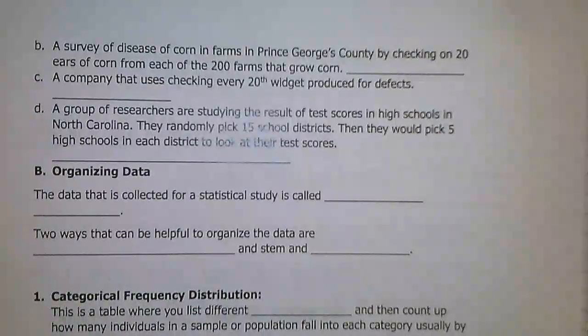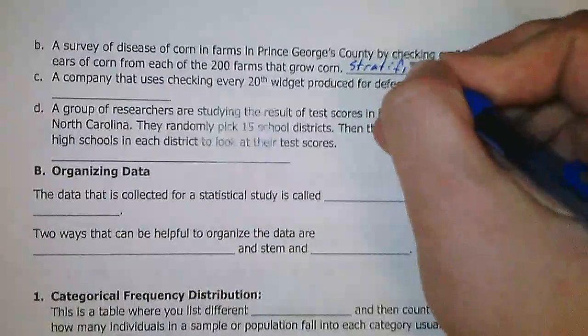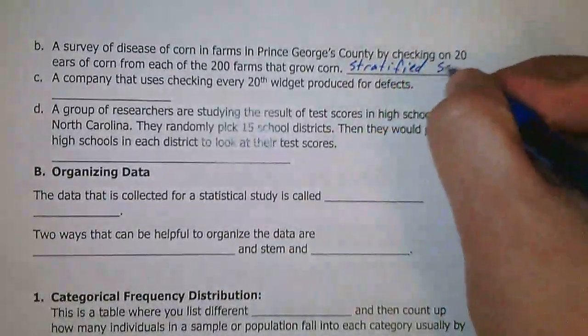So again, the definition we wrote for a stratified sample is that the sample is broken into groups, and that can mean people selected from groups. So this represents a stratified sample.